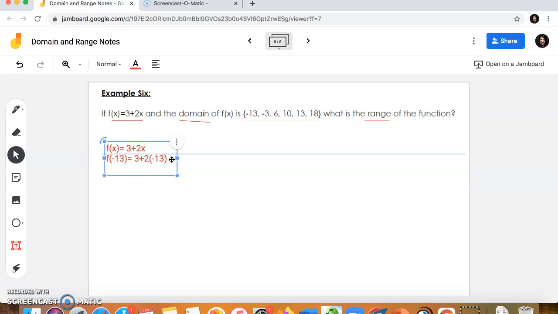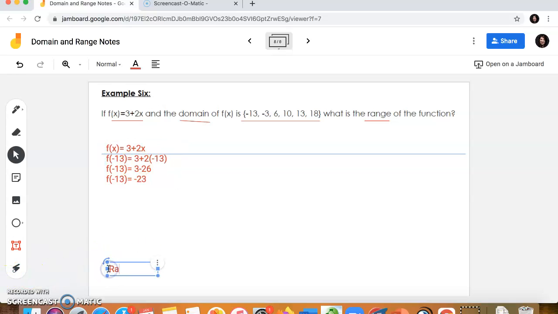So you do the 2 times the -13 first. 2 times -13 is -26. And then if we do 3 minus 26, we would get -23.